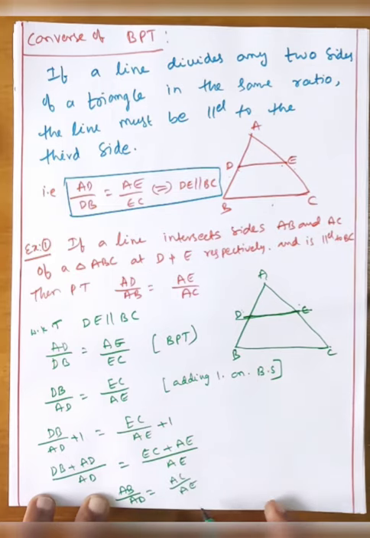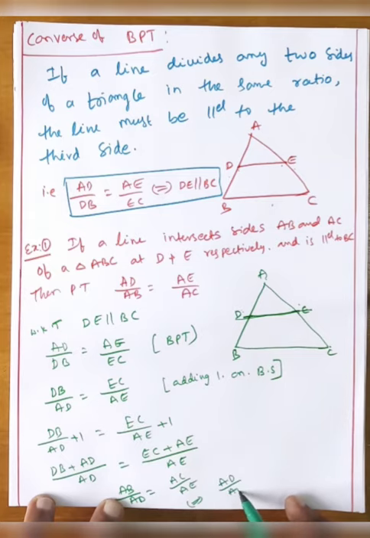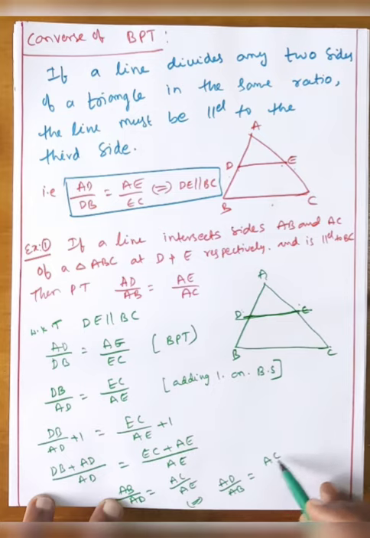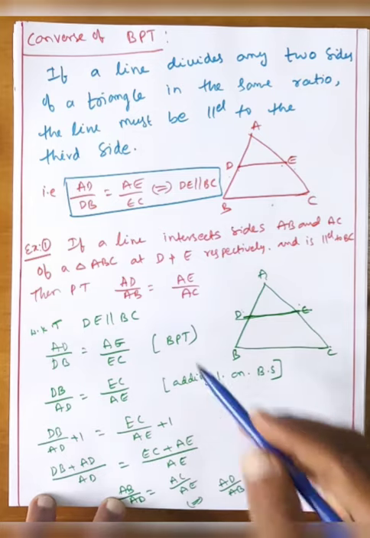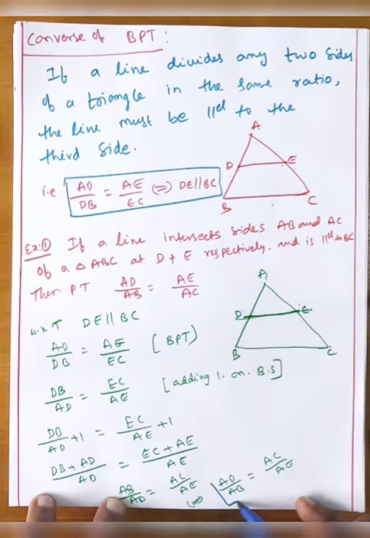Again we take the reciprocal: AD by AB is equal to AC by AE. This is another result.